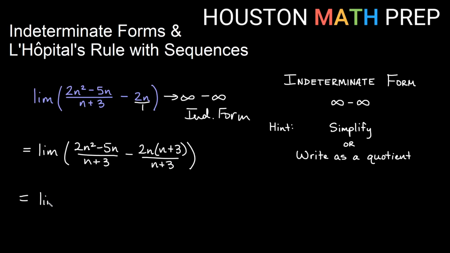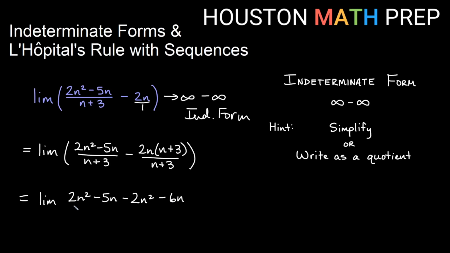And so we'll do some combining here. So I'll have my limit. Then on top, I will have 2n squared minus 5n. Think about distributing the negative 2n. So I'd have minus 2n squared, that's convenient, minus 2n times 3, so that'd be negative 6n there.